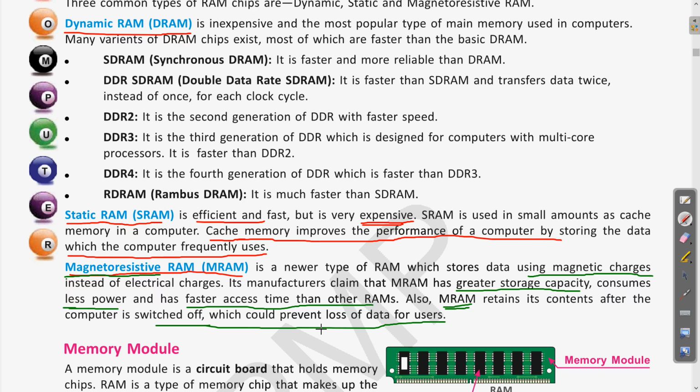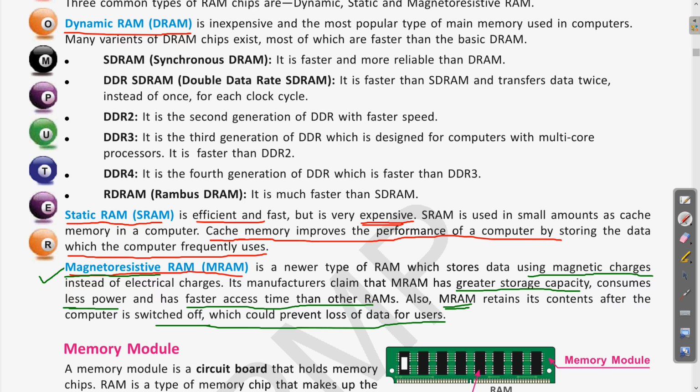Clear? It happens. When you switch it on again, you will find exactly the place where you were working earlier. If you are watching a movie, it will resume from there. If you are working on Word, in that case, why was it possible? It was possible because of the MRAM.